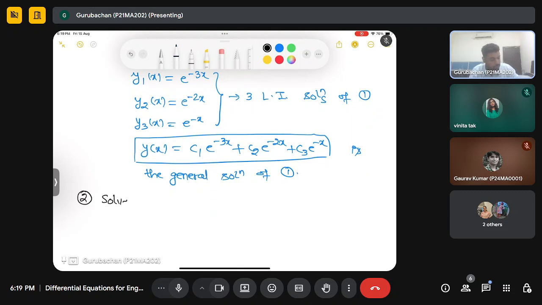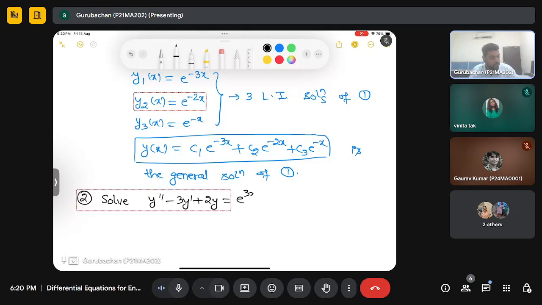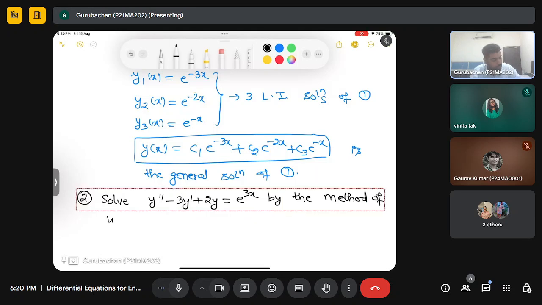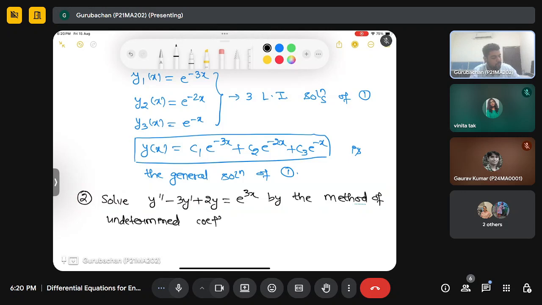Solve y double dash minus 3y dash plus 2y equal to e to the power 3x by the method of undetermined coefficients.